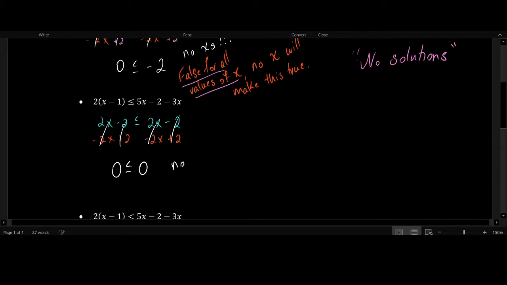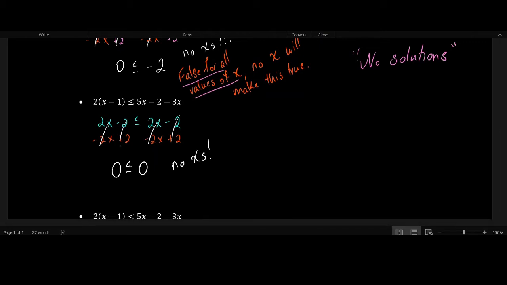This is an inequality which also doesn't have any x's. So now we have to ask ourselves, is this statement, 0 less than or equal to 0, true or false? This is a true statement because 0 is less than or equal to itself.